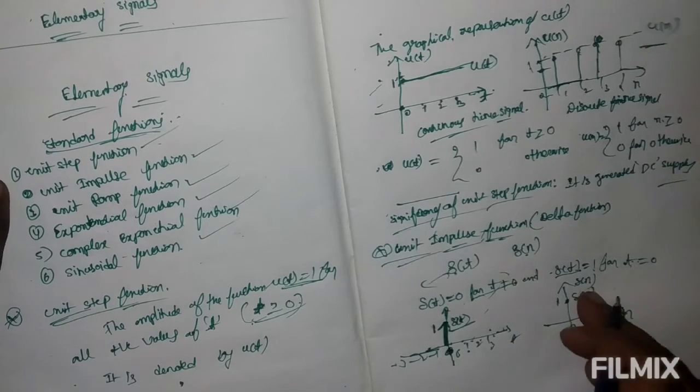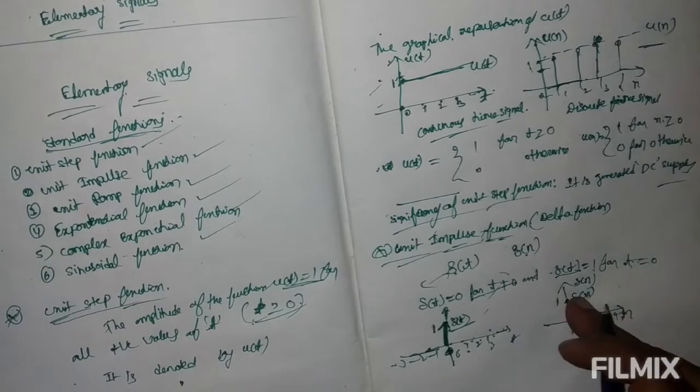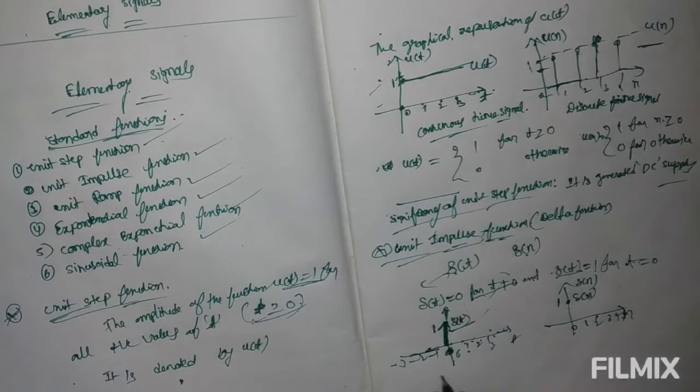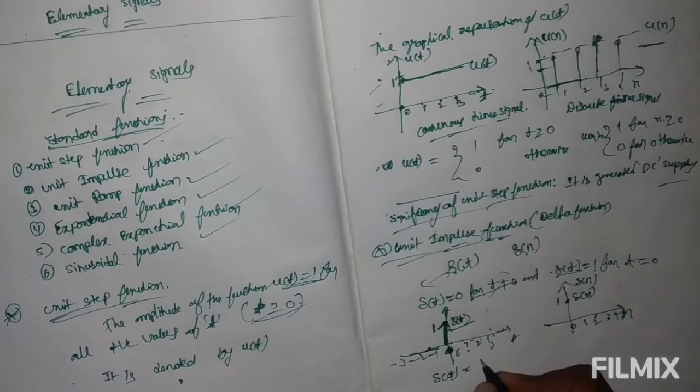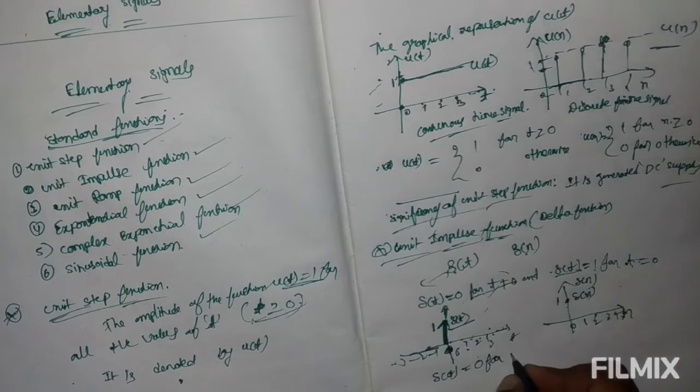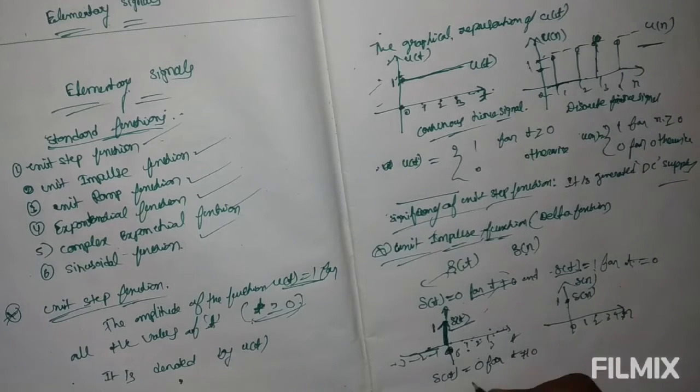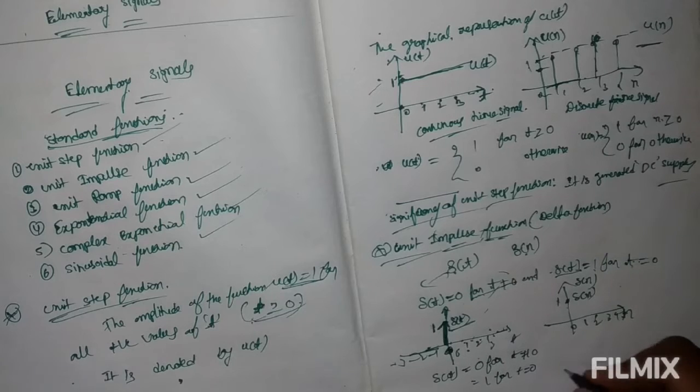In discrete form also, this is the graphical representation. This also represents delta of t equal to 0 for t not equal to 0, and 1 for t equal to 0.